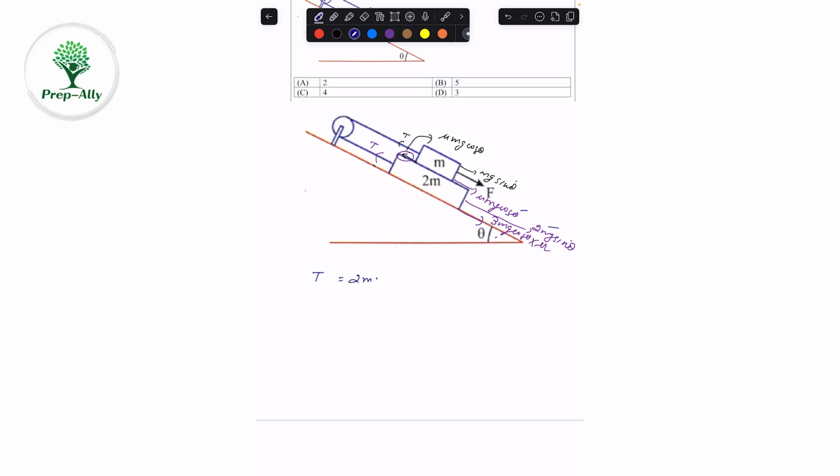So we got 2 mg sin theta plus 4 mu mg cos theta. For the other block, we have to write tension upward, mg sin theta, and friction mu backward. So we'll write T is equal to F plus mg sin theta minus mu mg cos theta.